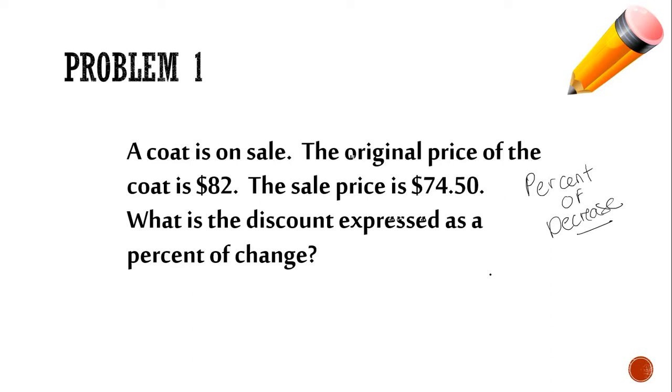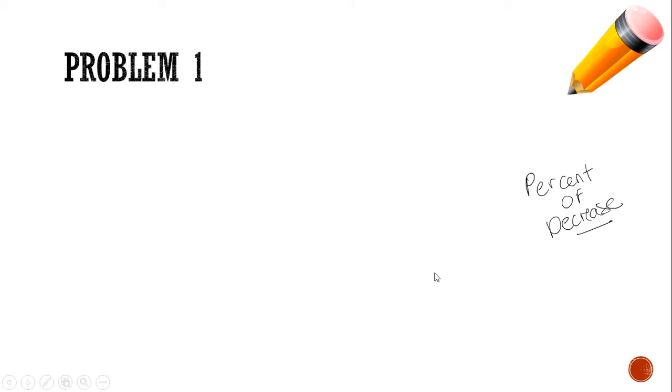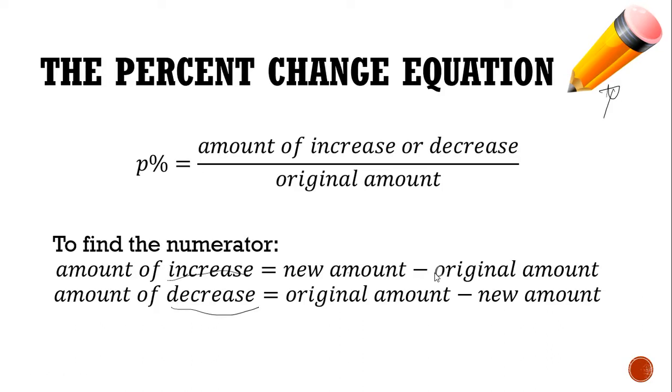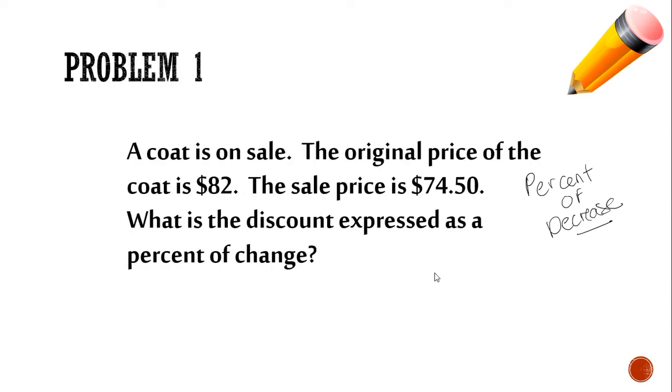So I'm going to use the formula from before, this one. I'm going to take the original amount, 82, and subtract the new amount, the sale price, $74.50. Then I'm going to divide by the original, which is 82. The numerator I get is 7.5 over 82.